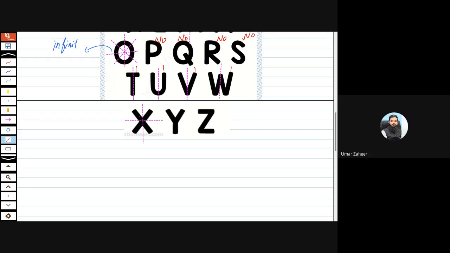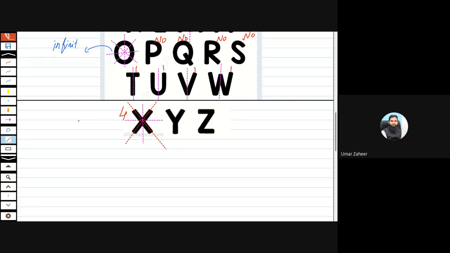Any other one? Also the other sides, like both diagonals. We have a line of symmetry this way as well. So how many lines of symmetry are there? There are 4 lines of symmetry in X.